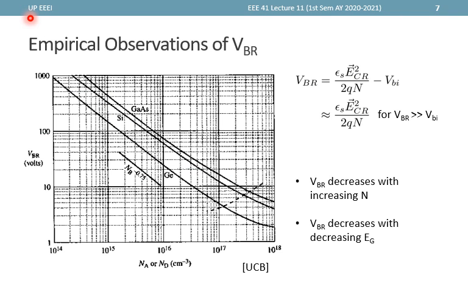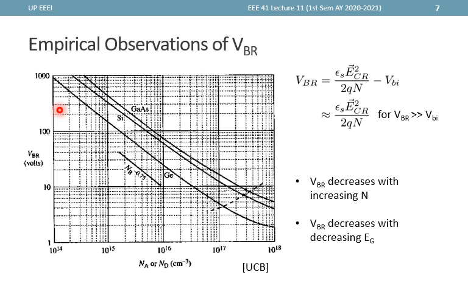Here we present a plot of the breakdown voltage as we vary the doping concentration on the quote-unquote lightly doped side. So here we see that as we increase N, the breakdown voltage actually decreases.